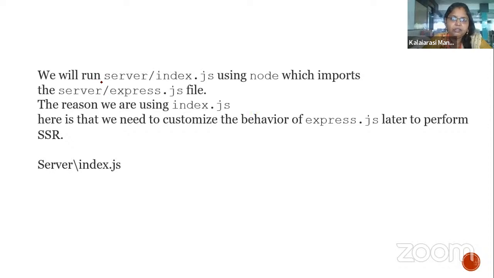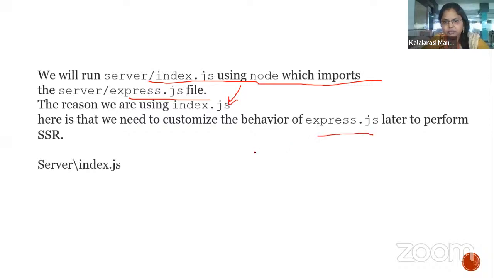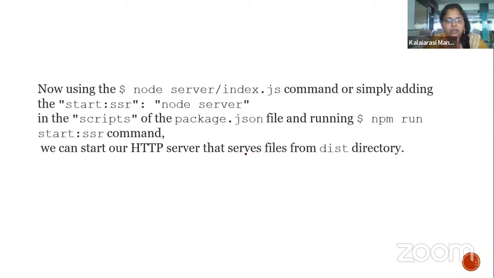Thereafter, what we have to do is run this using node, which imports the file. The reason is that this is the initialization, and we can write our custom behaviors in express.js in whatever manner you want. The initial thing you have to do is create a prop in order to use express.